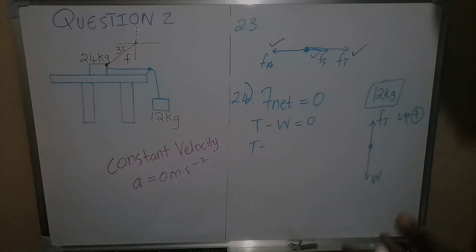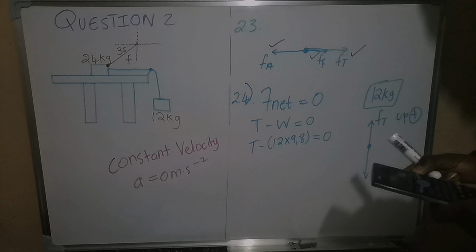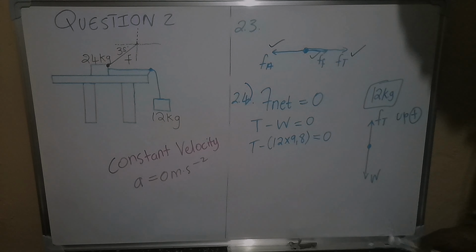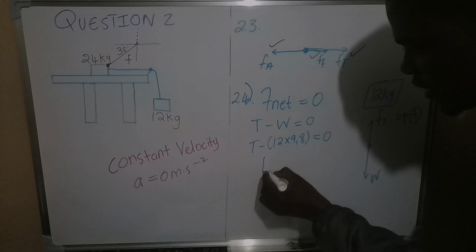On your calculator, you're going to say 12 multiplied by 9.8, which gives 117,6. So tension minus 117,6 is equal to 0.